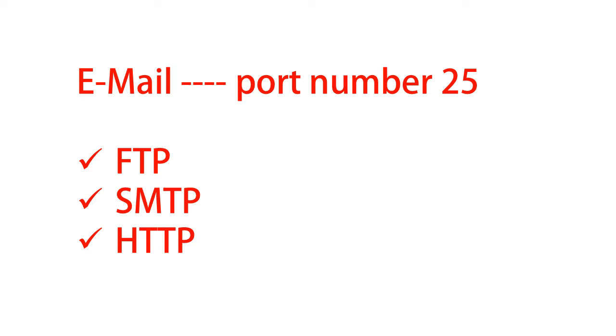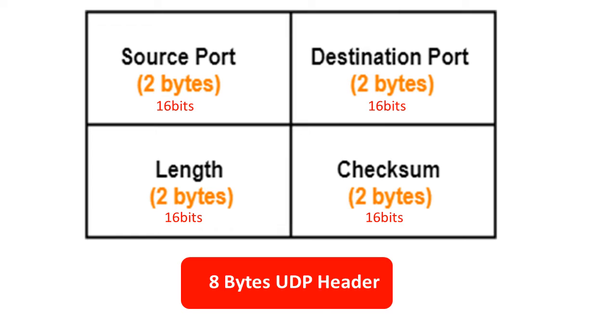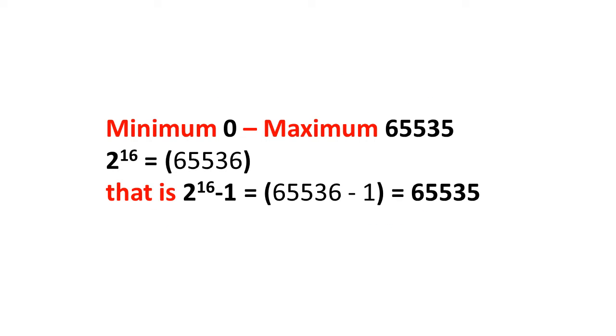The third important field in the UDP header is length, which represents the total length of the segment. It is also a 16-bit field which holds the length of the segment, and it is represented by a number range of minimum 0 to maximum 65,535, that is 2 to the power 16 minus 1.